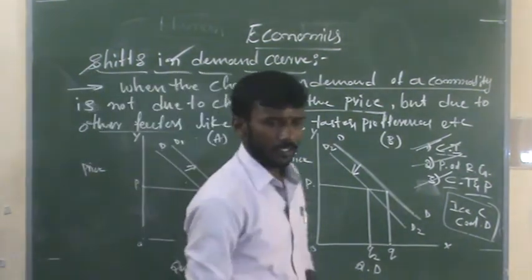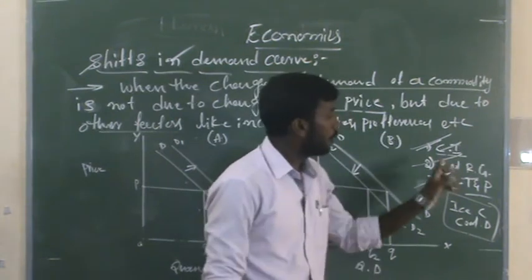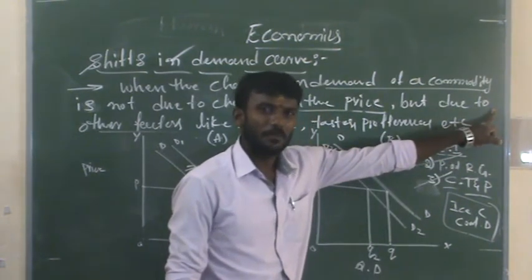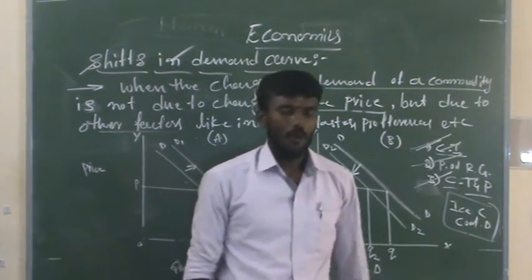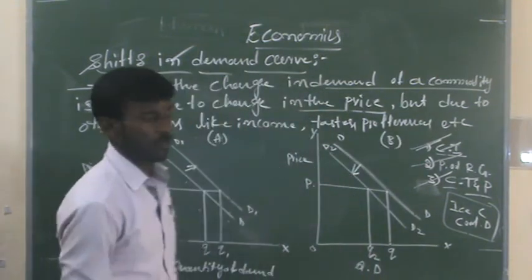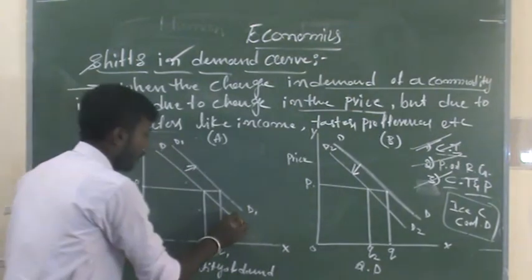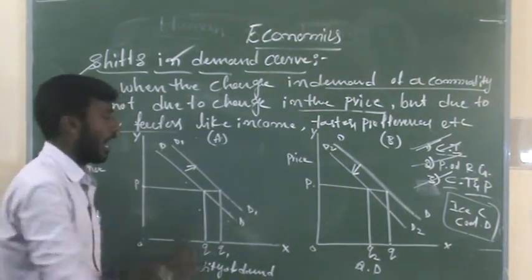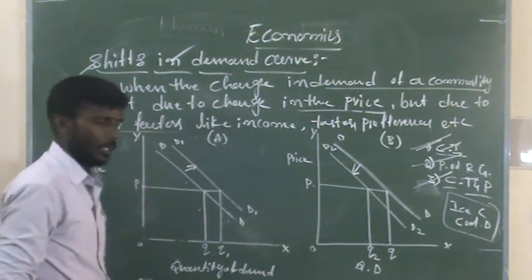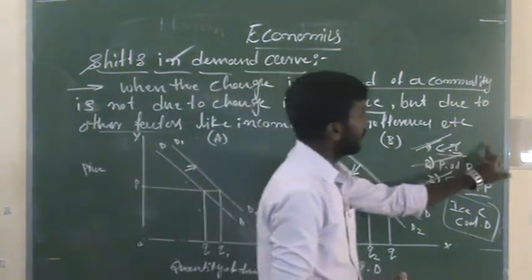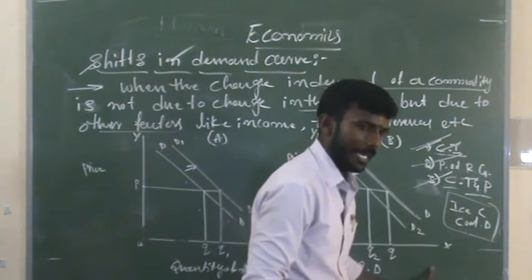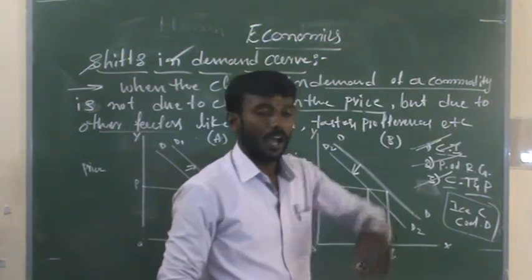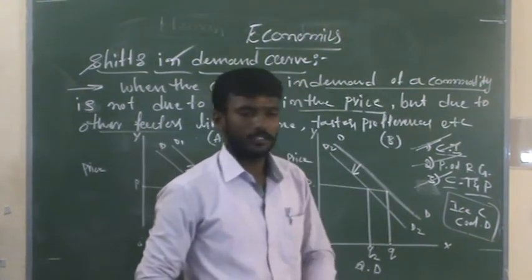Suppose when the consumer income increases, at the same time the demand for normal goods also increases. When the demand for the normal goods increases, the demand curve will shift from DD to D1, I mean upwards. When the consumer income is decreasing, the demand for the normal goods also declines or decreases.